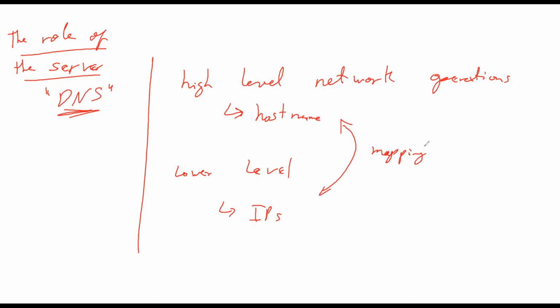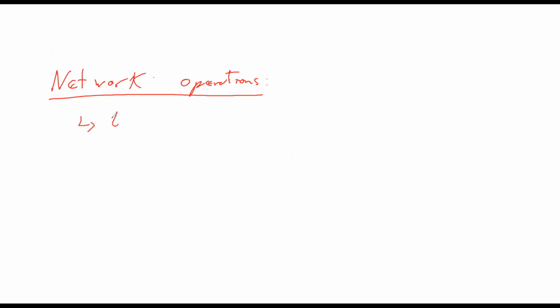Accordingly, at the most basic level, network operations depend on two essential abilities. One is translating IP addresses to host names, and vice versa.